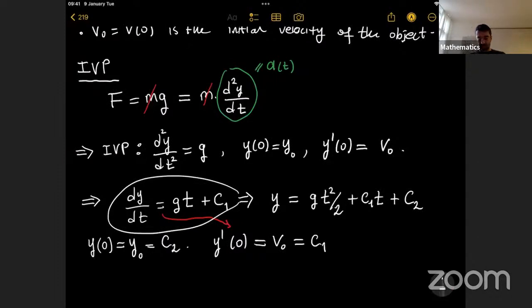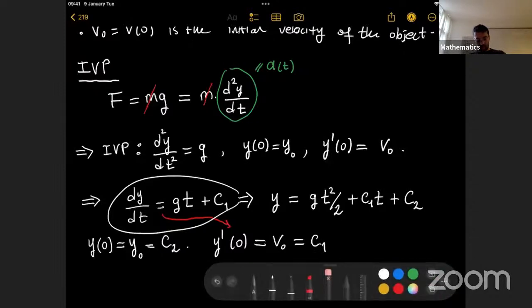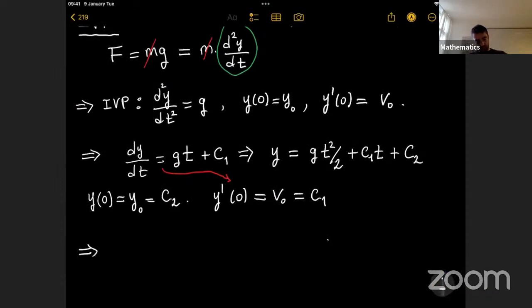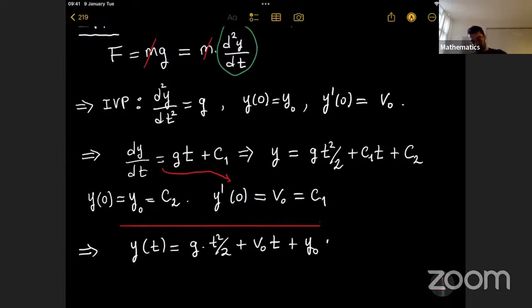So c1 is equal to v sub 0. Now let's combine all this and write the displacement function. y of t is g t squared over 2 plus v0 times t plus y0. This gives the position of the falling object.